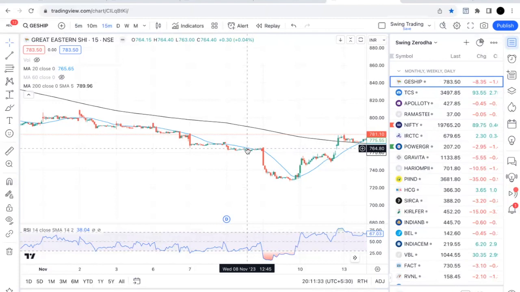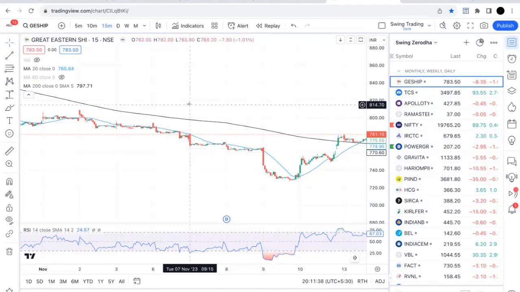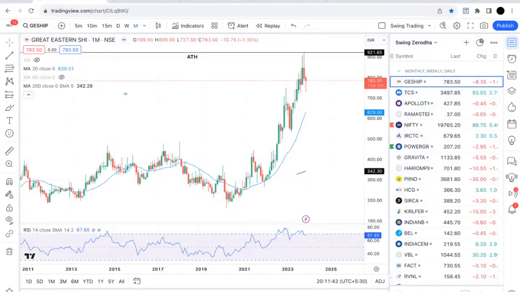Now, the chances of that happening and staying down there are quite less. Why do I say that? Because something like GE Shipping, Great Eastern Shipping, well, we have a record of 15 years or more. And more recently, the moving averages show that the trend is quite strong.